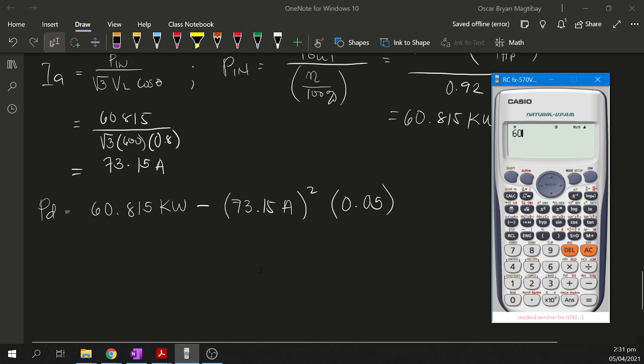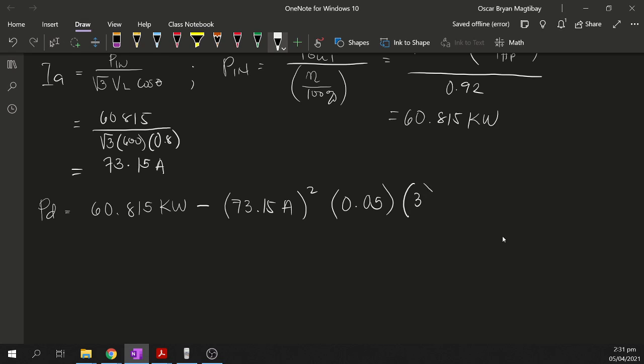So this is 6815 minus 73.15 squared times 0.05 times 3, nga pala, before I forgot. Bakit times 3? Dahil 3-phase. So, papalitan pa natin ang ating formula.